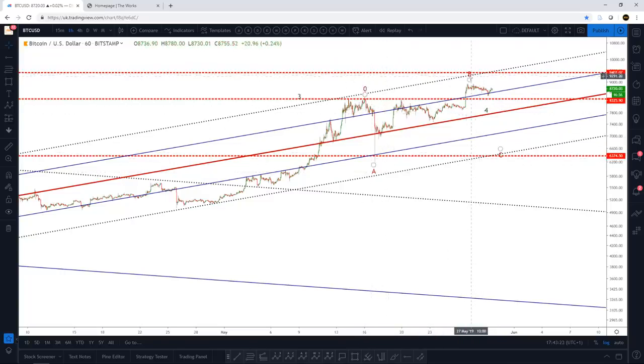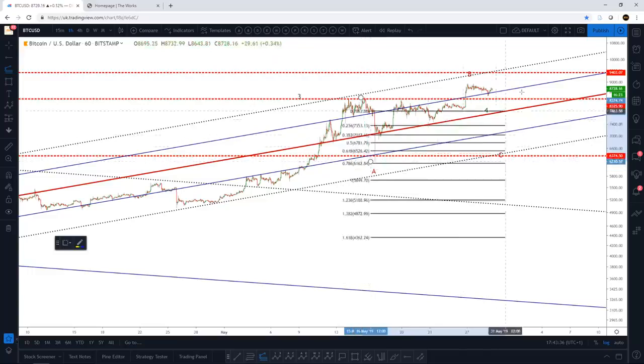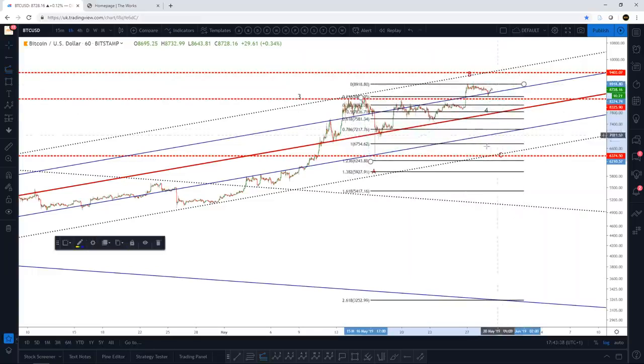B is a 1.236 extension of wave A, as I've just shown, and then often if you use the length of A, we may get a 1-to-1 relationship with C and A to make the running flat. So it may come down to 6,700 here.